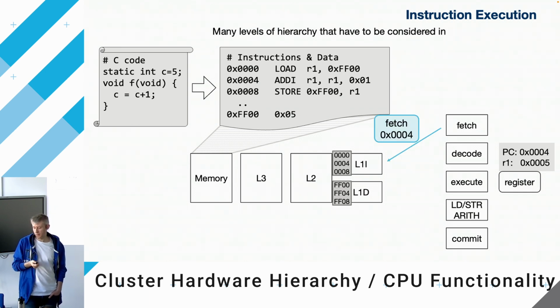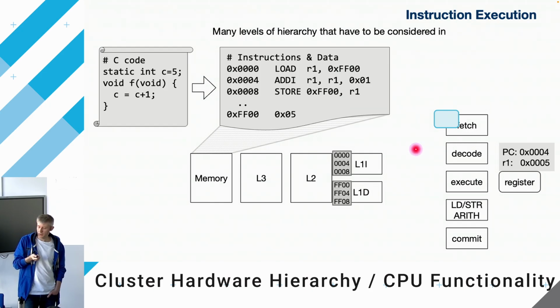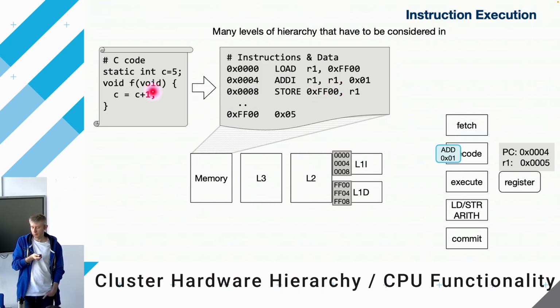And then it fetches the next instruction, and here it's already in the L1 instruction cache, so it's much faster to get this data. It's decoded, it's an add instruction, and here we say C plus 1. Therefore, the value in our R1 register plus the immediate value 1 that is encoded inside of our instruction.